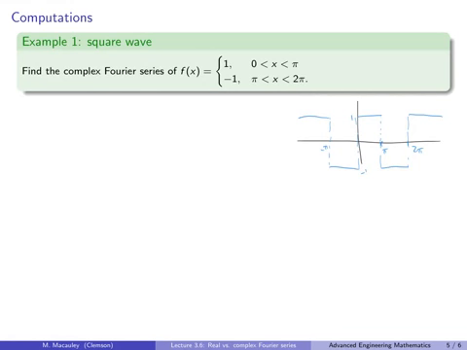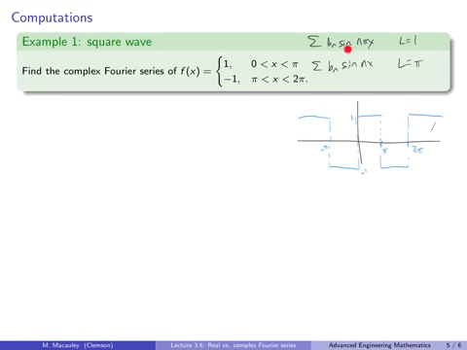Okay, so I think we computed the complex Fourier series of this exact function in the previous lecture, but when we computed the real Fourier series, this was way back when we learned about Fourier series in lecture 3.2, something like that. We did it where the function had period 2 instead of period 2 pi. But that doesn't actually change anything. It doesn't change the coefficients. What it does change is instead of writing bn sine of n pi x, so this is what we write when L equals 1, instead we write bn sine of nx when L equals pi.